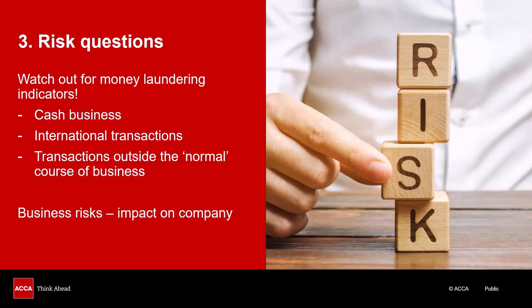Or if the question is asking me about audit risks or risks of material misstatement, then I'm bringing it back to a number in the financial statements that could be wrong because of this money laundering issue. So if they're a cash business and they're drip feeding extra cash into the company to disguise dodgy funds, then it would be that perhaps revenue is overstated.